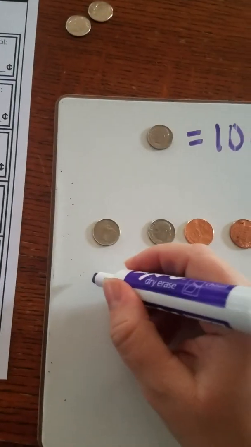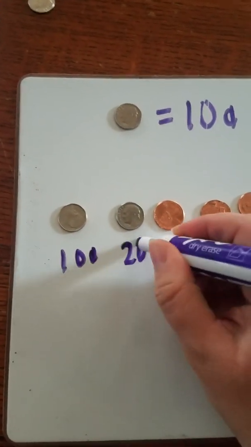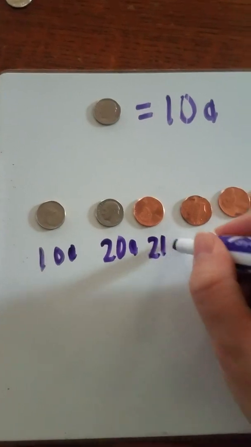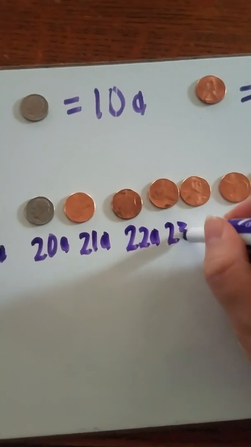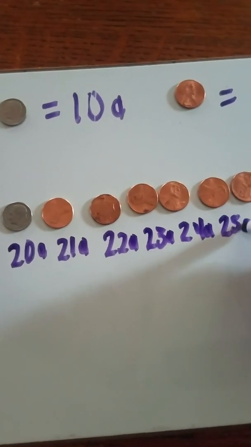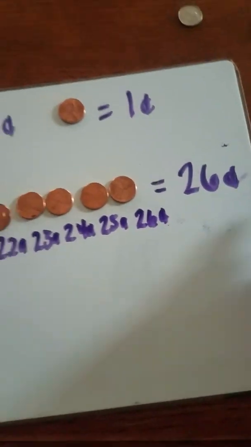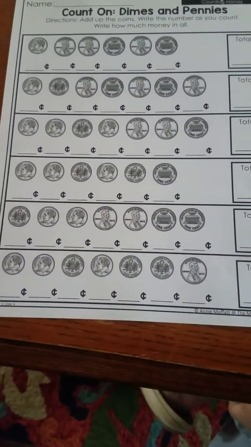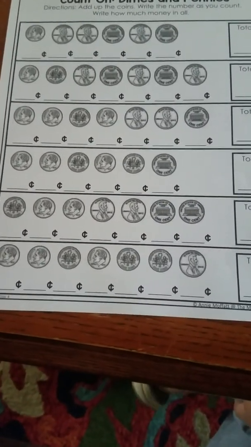So when you're counting, you would say 10, 20, 21, 22, 23, 24, 25, 26. Okay, so 26 cents. And I have mine a little closer than these, so I don't have quite as much room, but you'll have more room here. So just remember, count the dimes first, and then count on by ones for the penny.